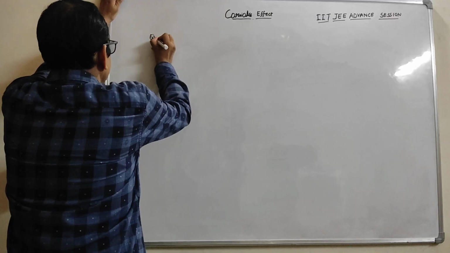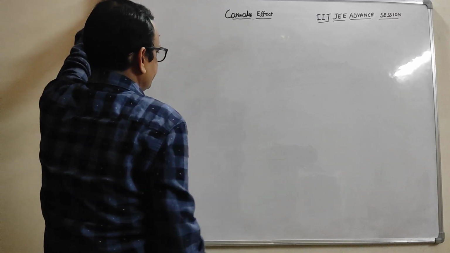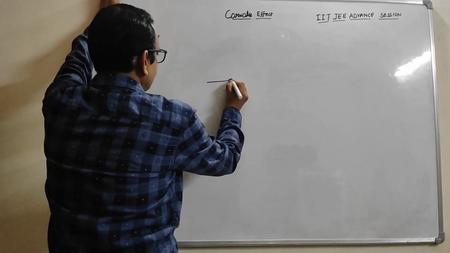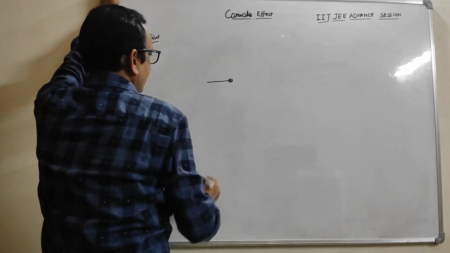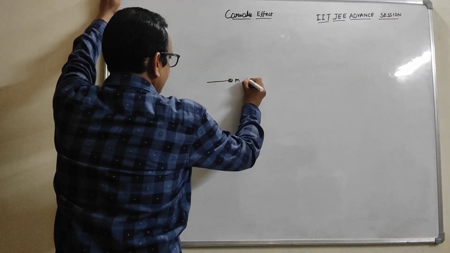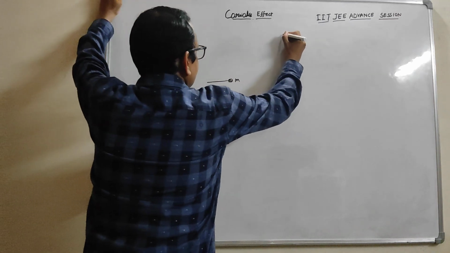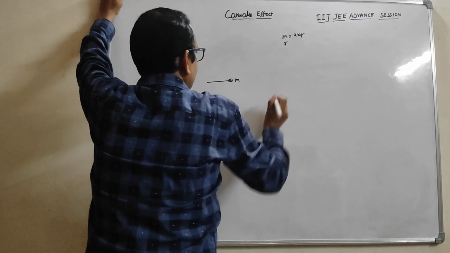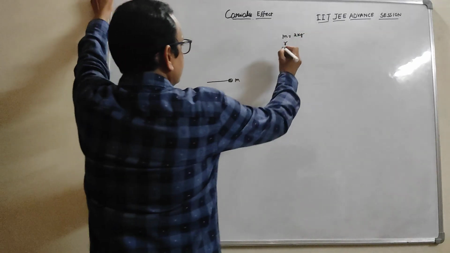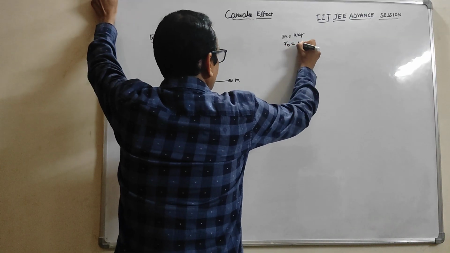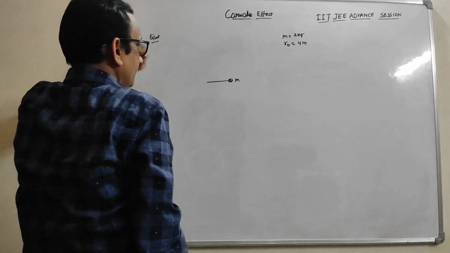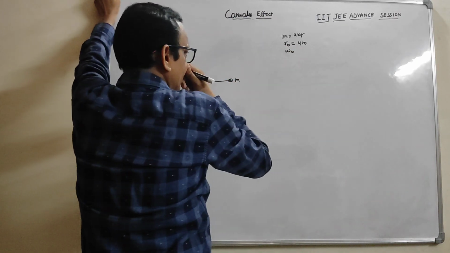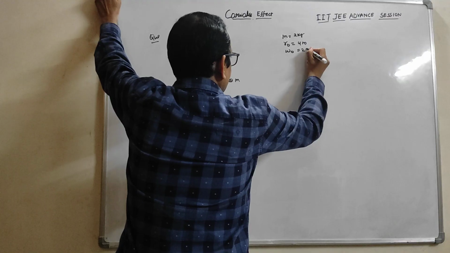Here we take a non-stretchable string and a mass of 2 kg, and the string having a length r naught of 4 meter, and its initial angular velocity is 2 radian per second.